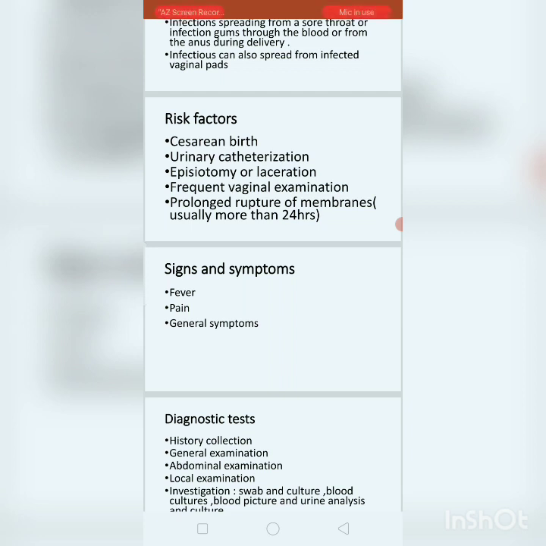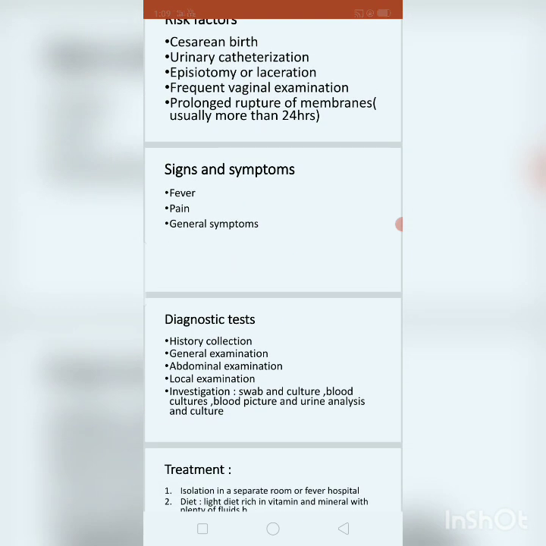The general symptoms like headache, vomiting, nausea, and general malaise can be present. So first is high grade fever, then pain, and the general symptoms: headache, vomiting, general malaise, loss of appetite, etc.